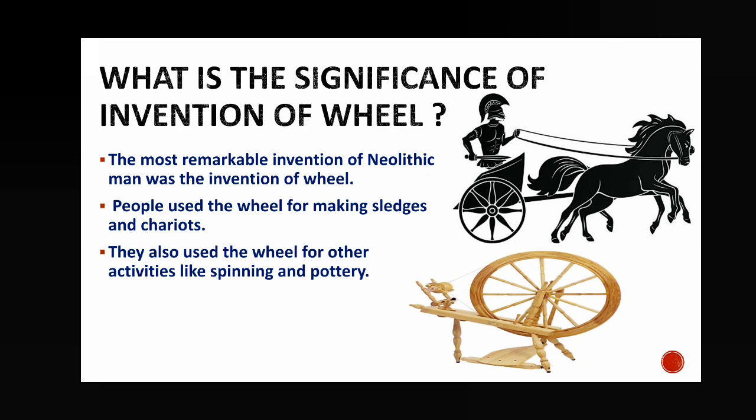And the wheel also helped them with spinning and pottery. Spinning is the method to make thread from fiber. Fiber may be cotton, jute, wool, etc. So making thread from jute, wool, cotton, etc. is called spinning.